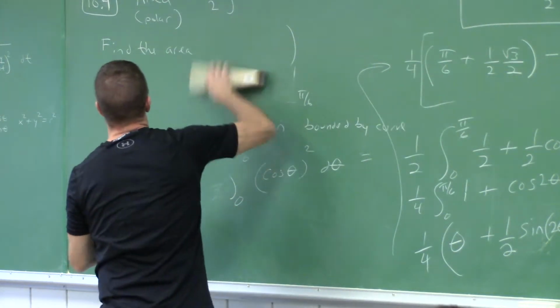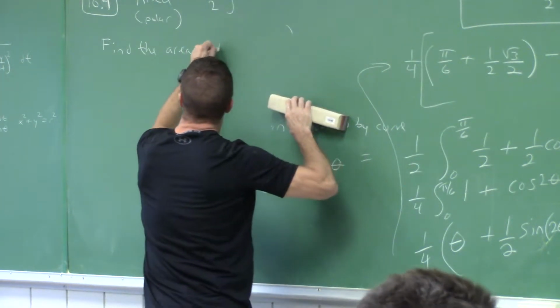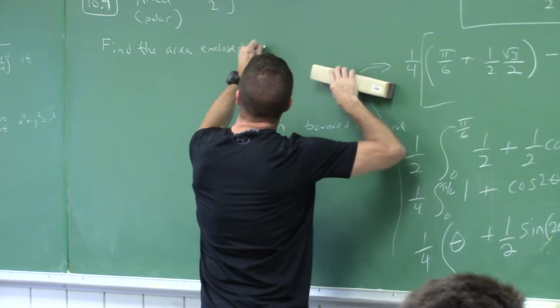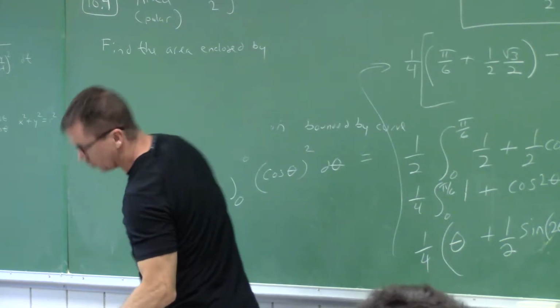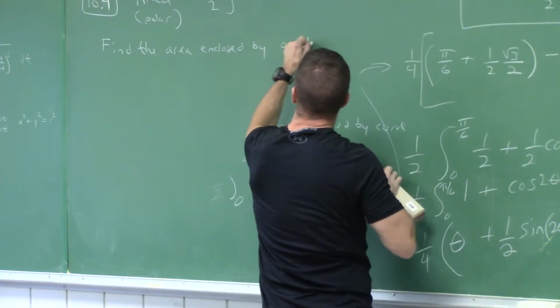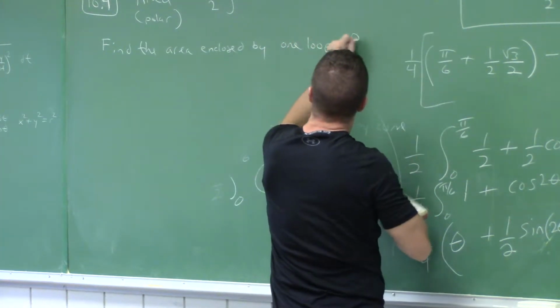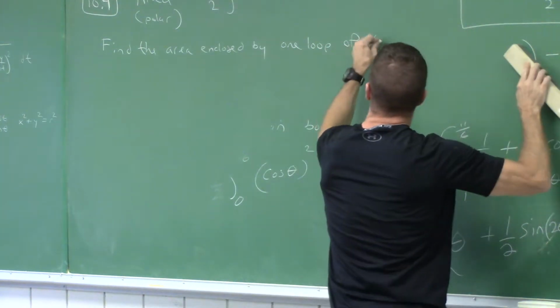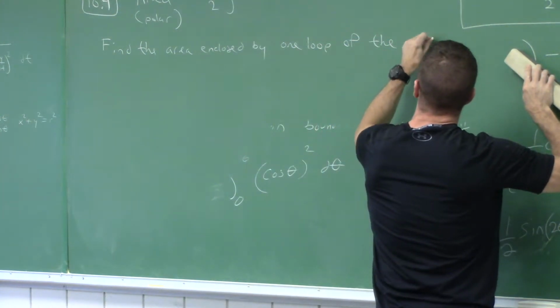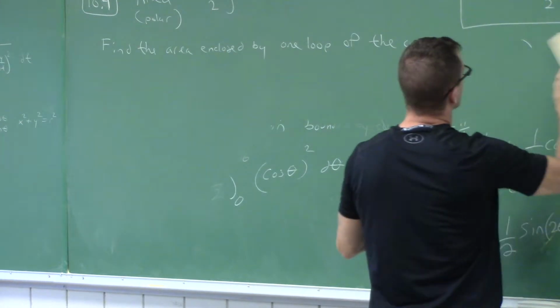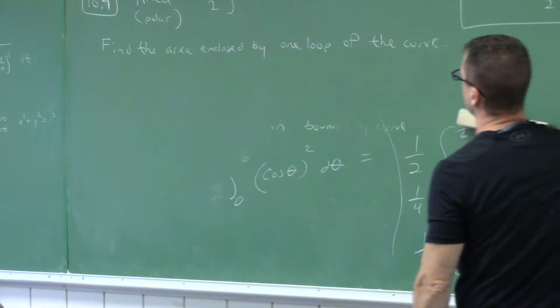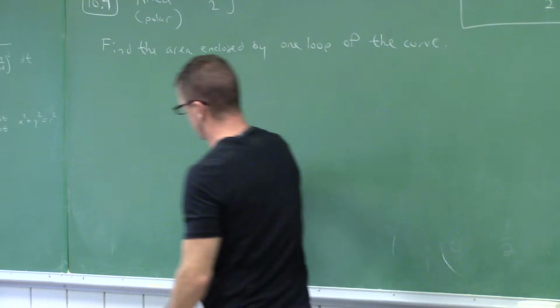I want to use the exact words. Find the area enclosed by one loop of the curve.